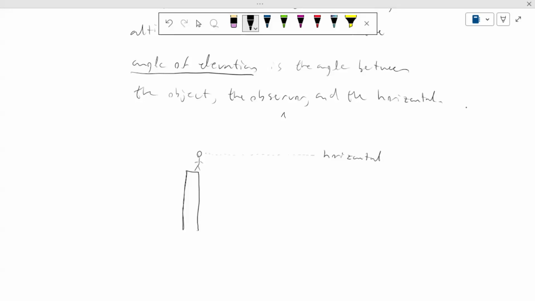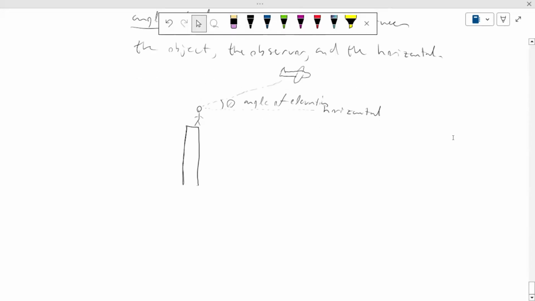So let's say it's an airplane, maybe. Show off my airplane drawing skills here. That's not bad. Okay, so if he's looking at the airplane, then the angle that we're talking about right here, that's your angle of elevation. Any questions on that? All right.